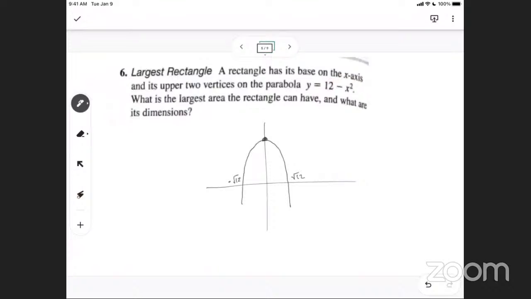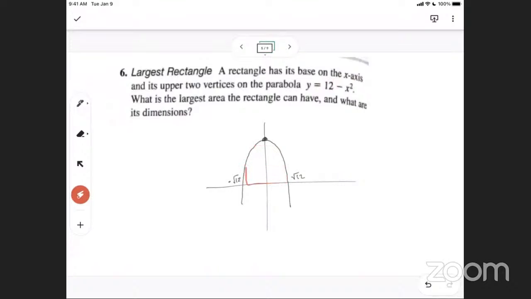So it says, what is the largest? So a rectangle has its base on the x-axis. So this is my rectangle. And its upper 2 vertices are on the parabola. So my rectangle, it could be like this. You see what I'm saying? Or it could be like this.